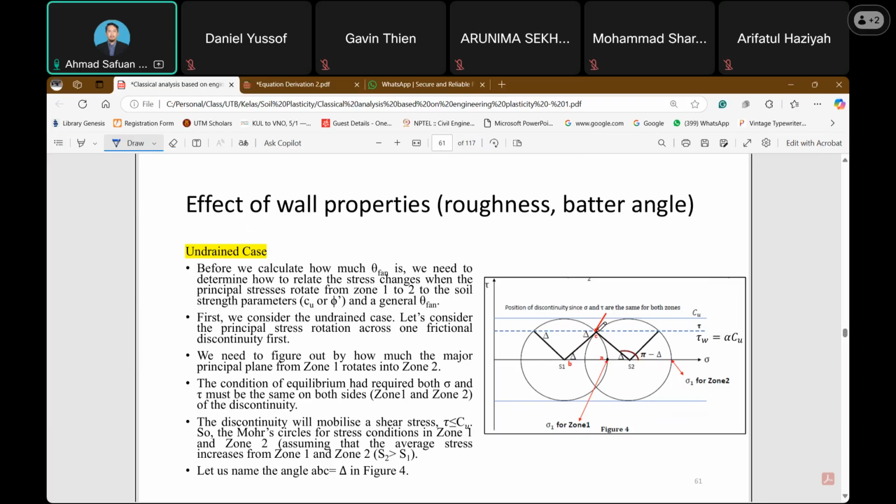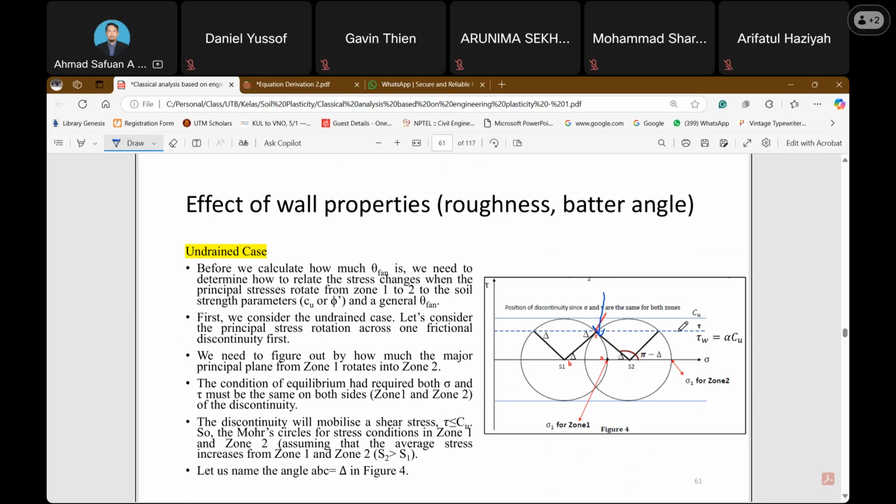The intersection between this area is considered as the position of discontinuity, since sigma and tau are the same for both sides.